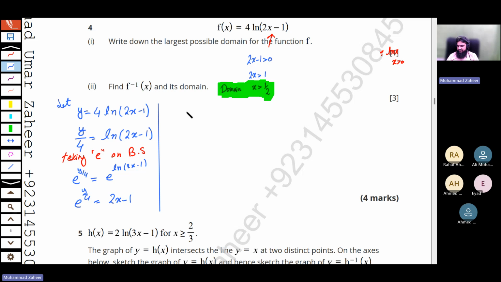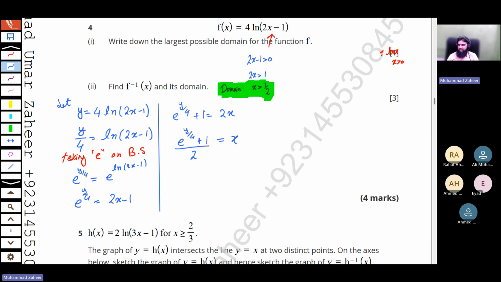Now we have to make x the subject. It is minus 1, so take this value to the other side. It will become plus 1 is equal to 2x. The 2 is multiplying, so take it to the other side and it will divide.